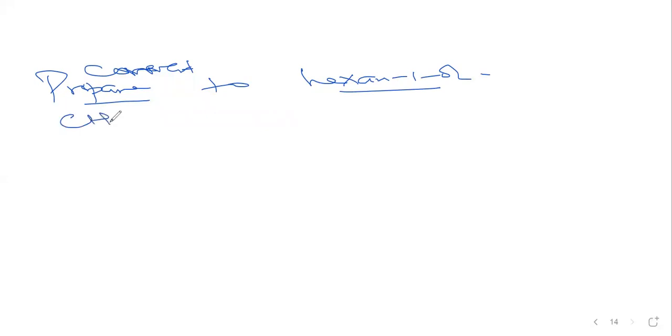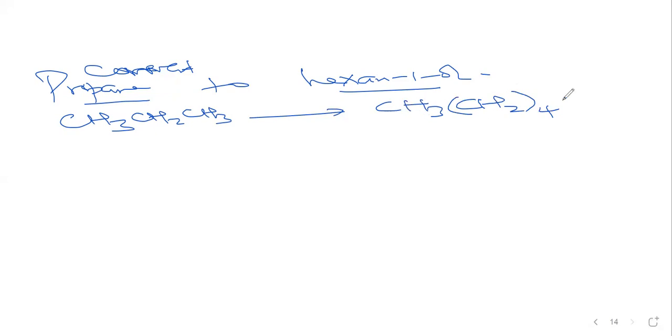This is propane, which is 3 carbon atoms. You want to convert it to hexan-1-ol. Hexan-1-ol has 6 carbon atoms, then you have a CH2OH. So in this kind of reaction, I expect you to use what we call Wurtz synthesis somewhere.